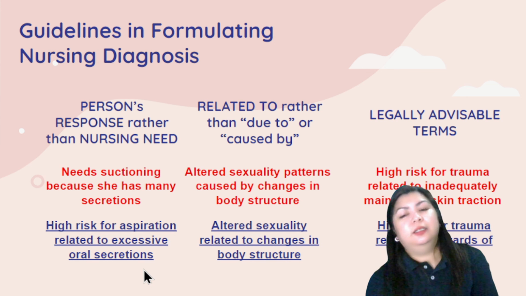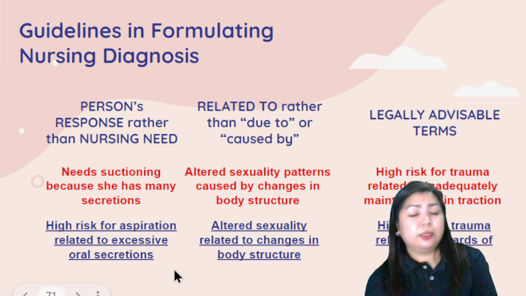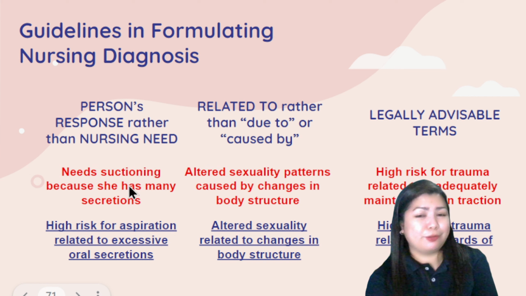So it requires that you perform suctioning. So the statement here, needs suctioning or to perform suctioning, should be part of your interventions, not a part of your nursing diagnosis.